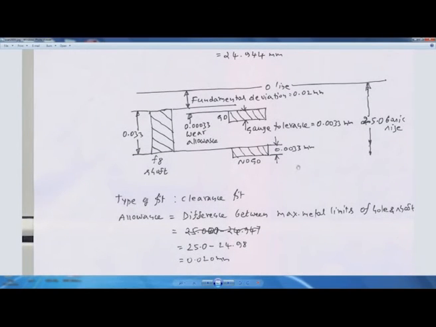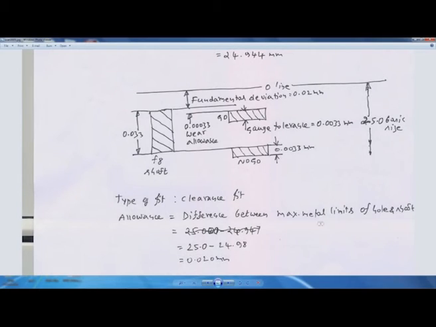Now since the maximum size of the shaft is smaller than the minimum size of the hole, we have clearance fit here, and the allowance is equal to the difference between the maximum metal limits of the hole and shaft.